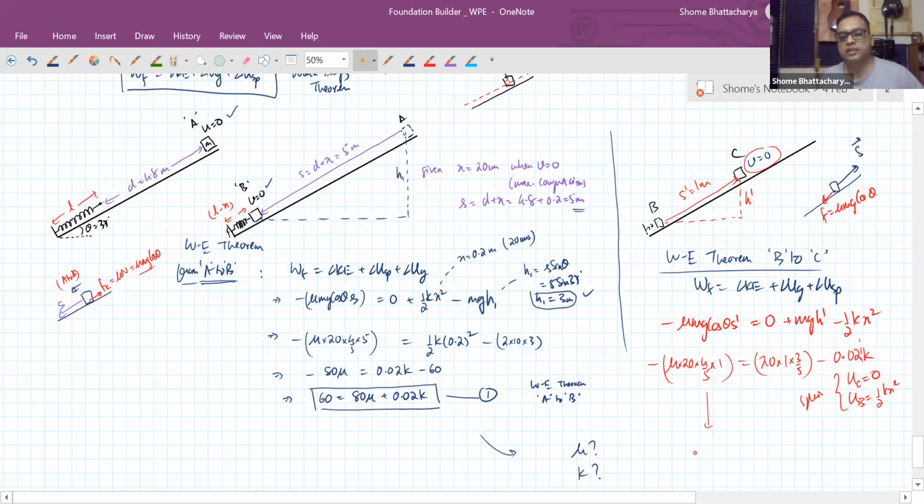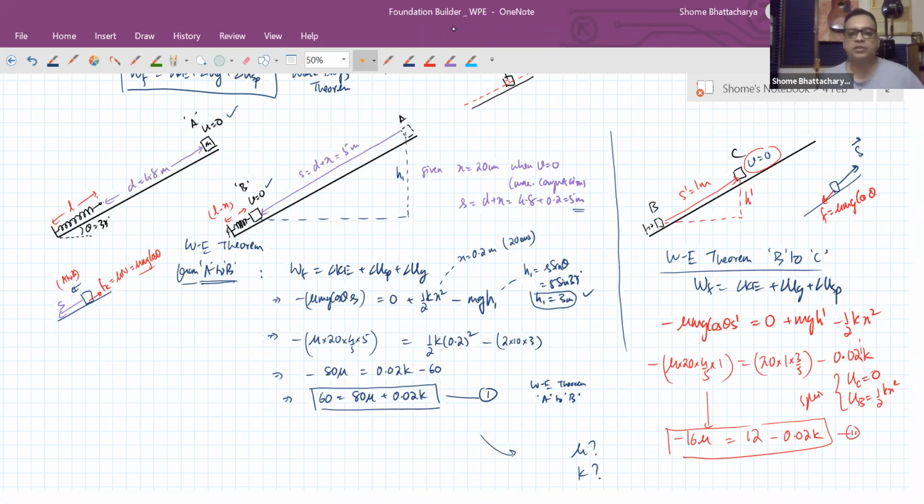So the equation comes out as minus 16 mu is equal to 12 minus 0.02 k. So this will be our second equation. Is this correct with the same equation you have got?